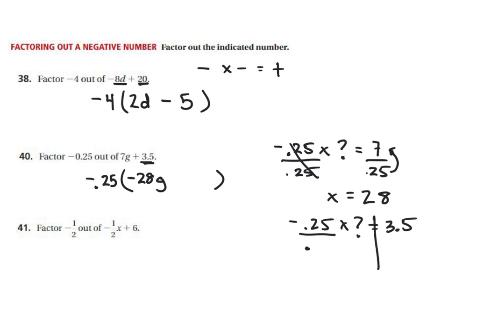We're going to divide by negative 0.25, I should say. We did that up there as well. And x is just how many times does 0.25 go into 350? 25 cents goes into 350 14 times, and a positive divided by a negative is a negative.